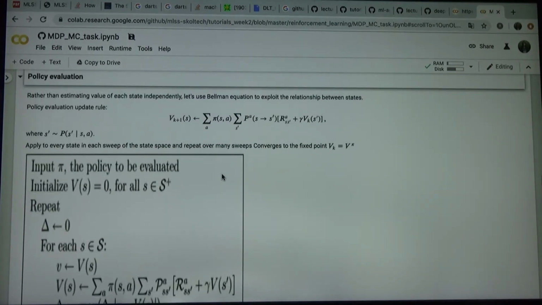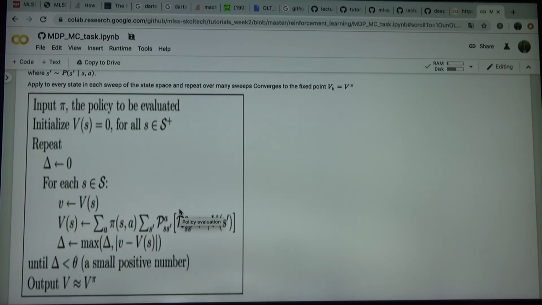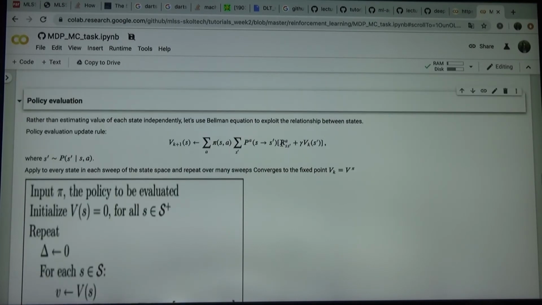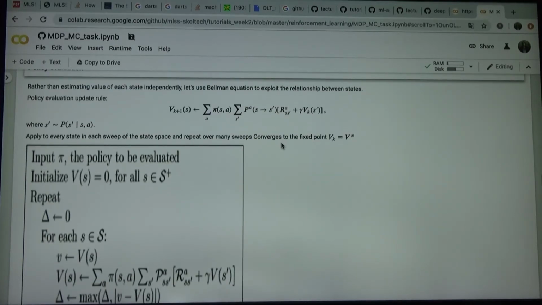From yesterday, I hope you remember the policy evaluation algorithm. If you don't, small recap: we have some policy, but we also remember from the Bellman equation that there is a function which describes our environment, called a value function.